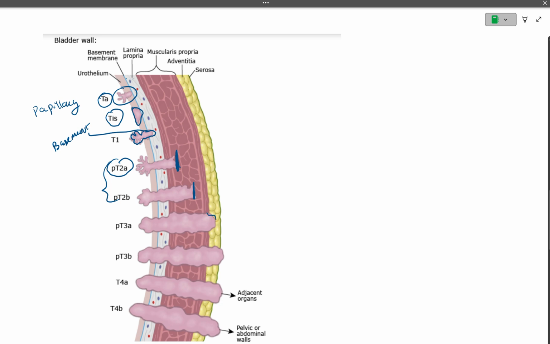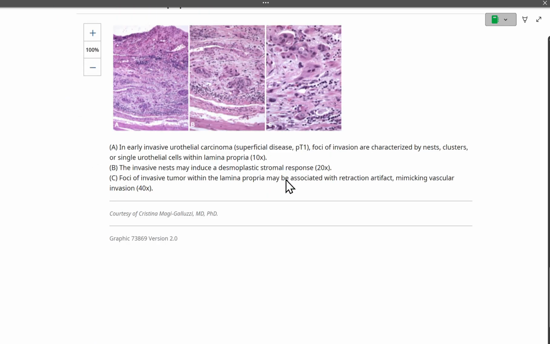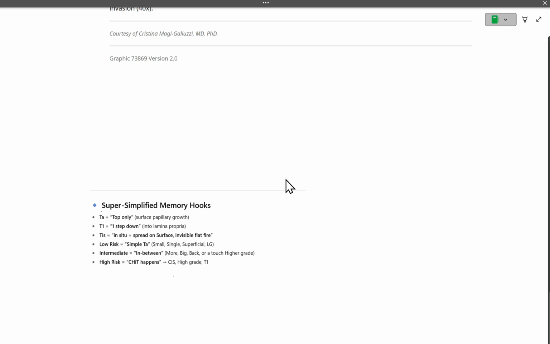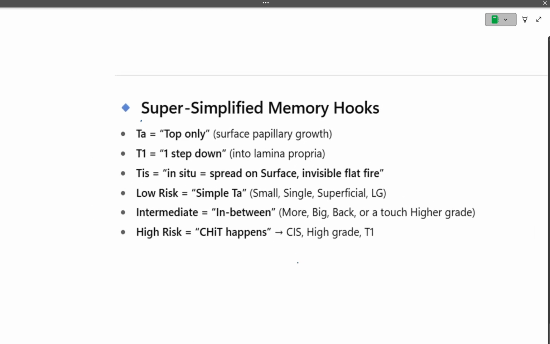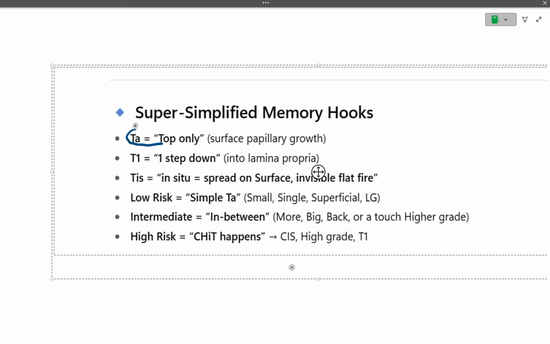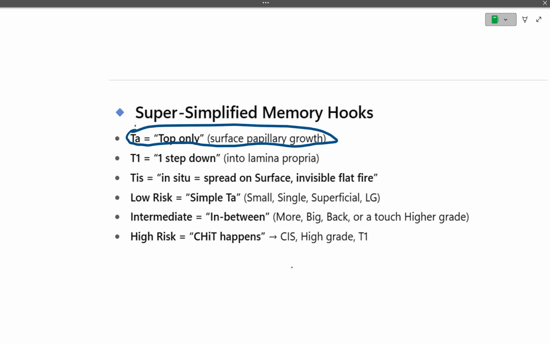T3 penetrates through the muscle and into the adipose tissue. T3b penetrates through the bladder and goes through the serosa. T4 invades the adjacent organs, and T4b invades the pelvic organs. So Ta is papillary top only.